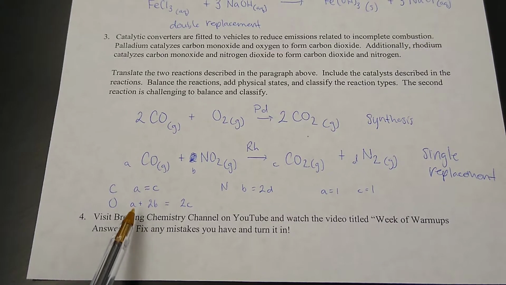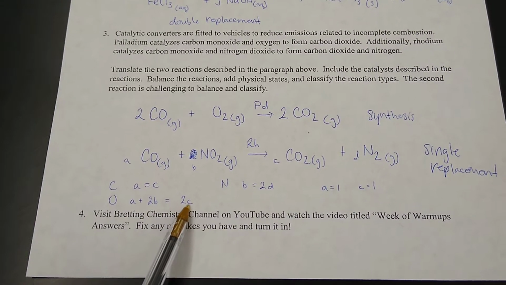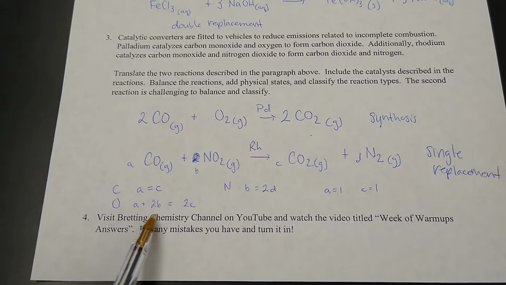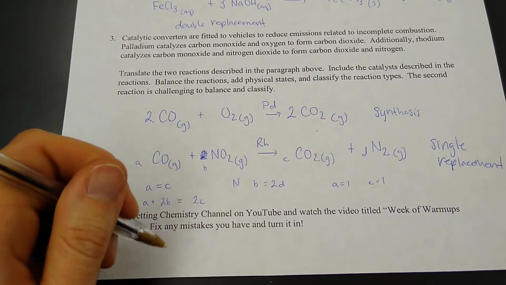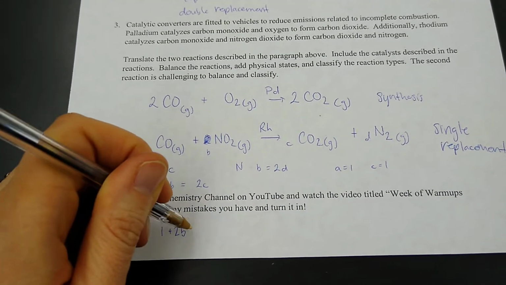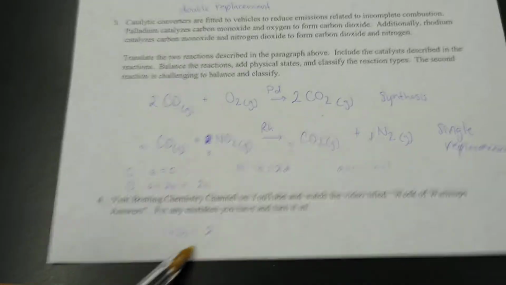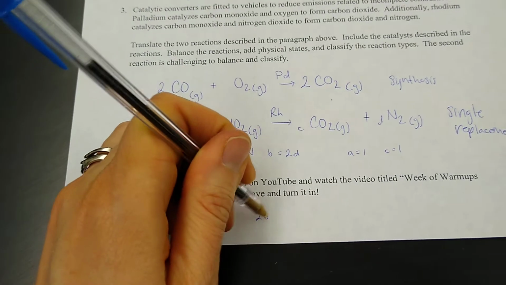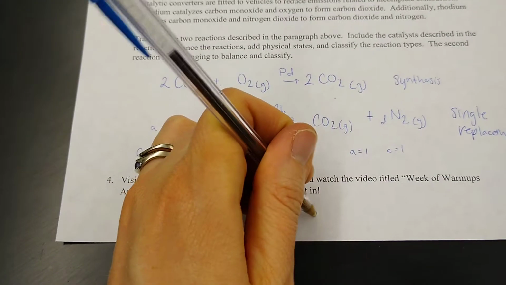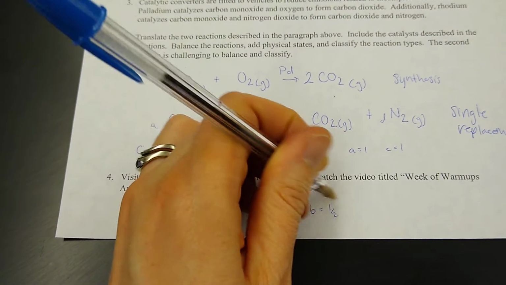Now if I plug into this equation, 2 times C is 2 equals 1 plus 2B. Well, let me write that out so that people who are following along can see it. 1 plus 2B equals 2. Subtract the 1 over, I'm going to get 2B equals 1. Okay, so B equals 1/2.